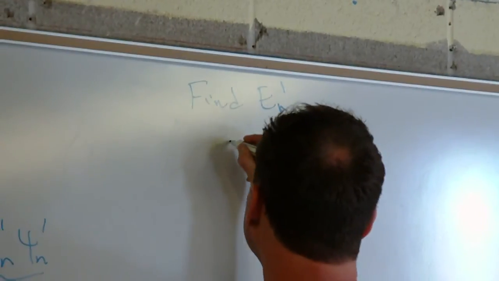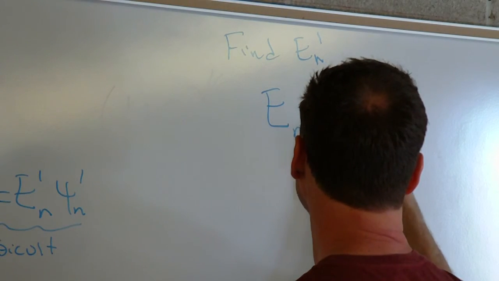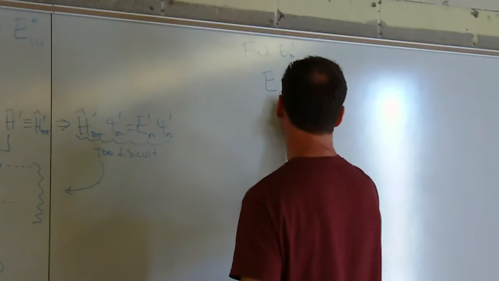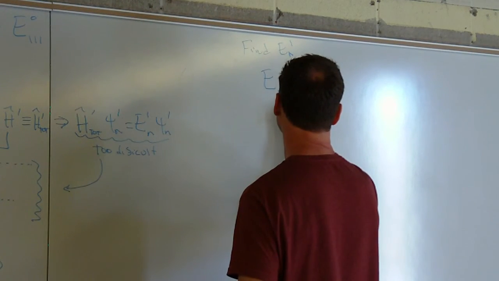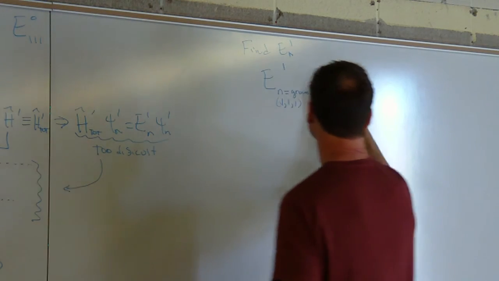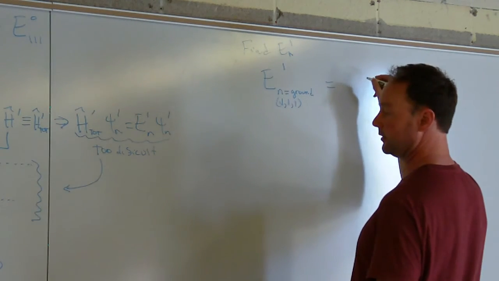E_n1. All right, now, for E_n equals the ground state, which is 1, 1, 1 for n_x, n_y, and n_z, we just write out the answer.